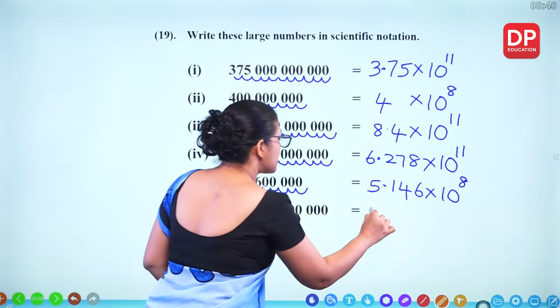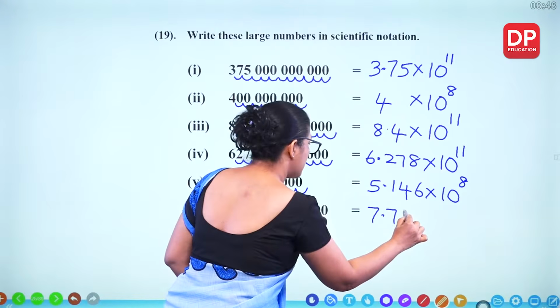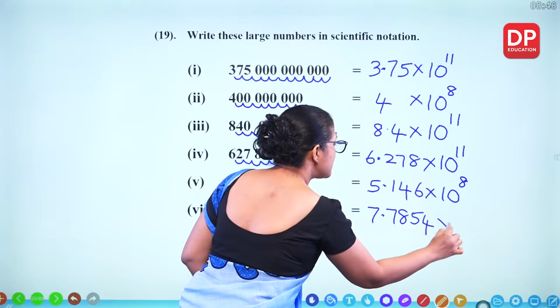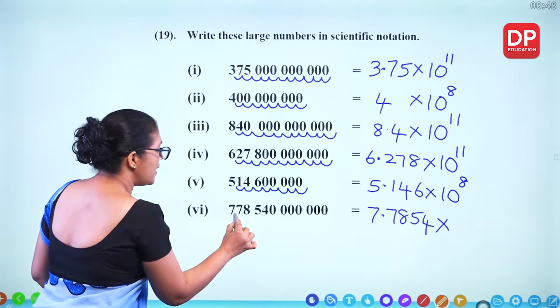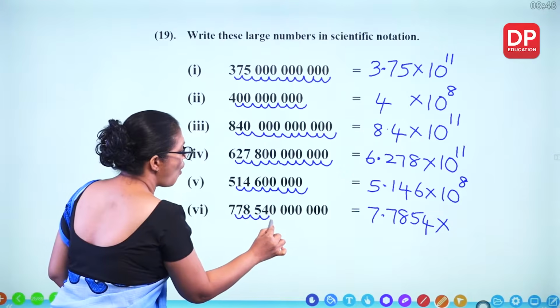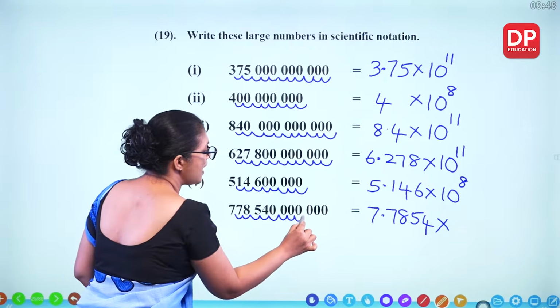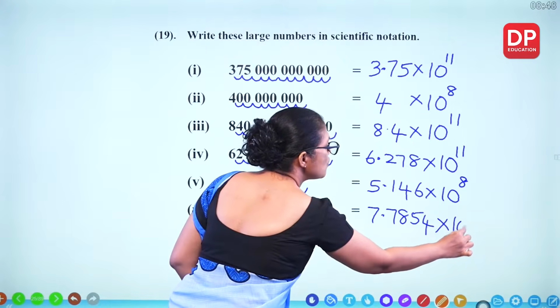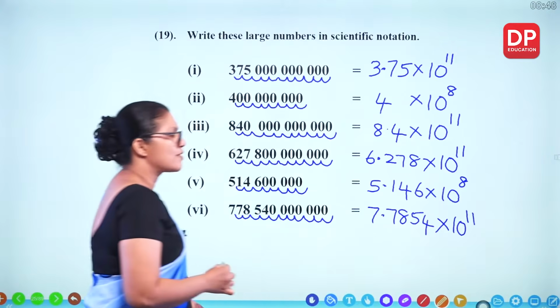This one, 7.785. 4 is the number less than 10. How many places you have to move the decimal point? 1, 2, 3, 4, 5, 6, 7, 8, 9, 10, 11. 10 to the power positive 11.